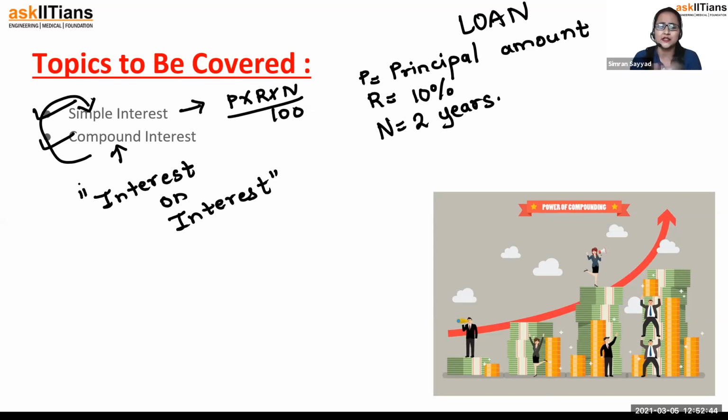If you consider this as a phrase, what is the very first thing that comes to your mind? There is one interest and you have to pay interest again on that interest. Interest on interest. So it will be something like you have to do simple interest 2 times. Maybe, maybe not. We never know what the formula is. So that's what we are going to learn in today's class.